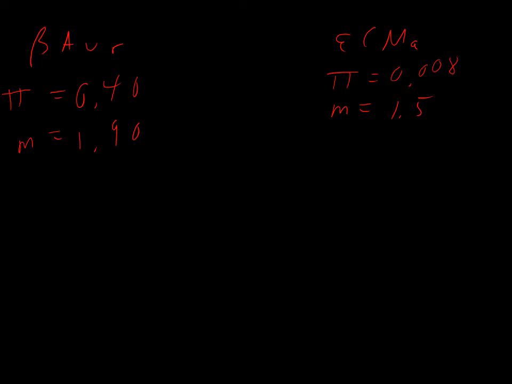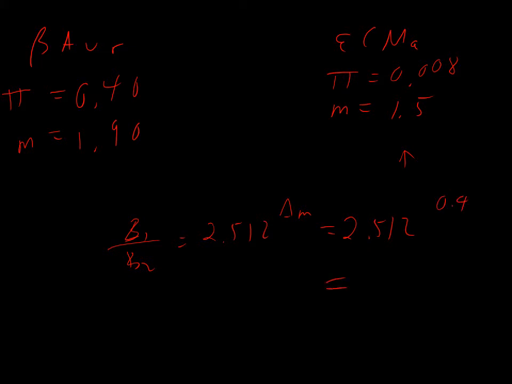Now, if I ask which one's brighter, this one's brighter. If I ask how many times brighter, remember times brighter would be the brightness of one divided by the brightness of the other. That's 2.512 raised to the difference in magnitudes. That's 2.512 raised to the 0.4 power, because there's a difference of 0.4.